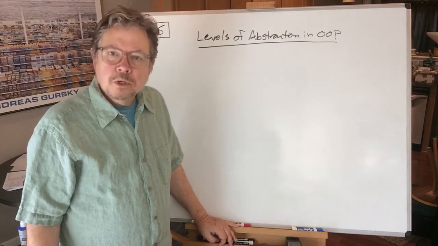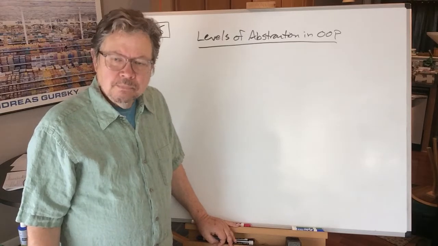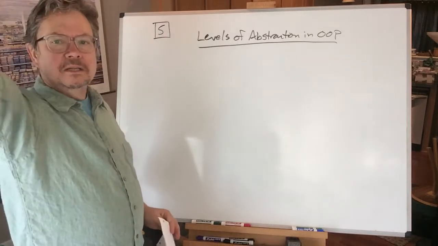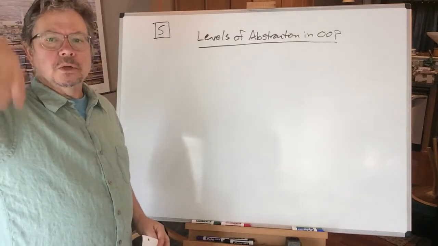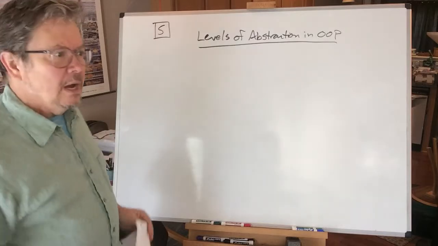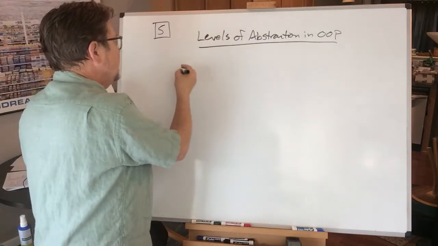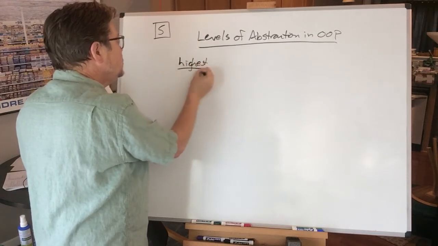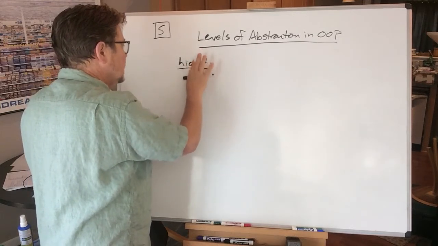You do focus on the big ideas. So what we're going to do is initially get rid of all those nasty technical details, where the semicolons go and the curly brackets and all that stuff, and just concentrate on the big ideas. At the highest level of abstraction, most of the technical details are stripped away.